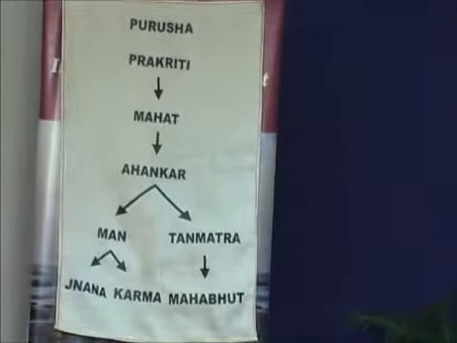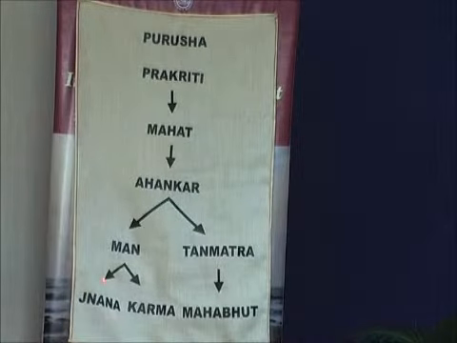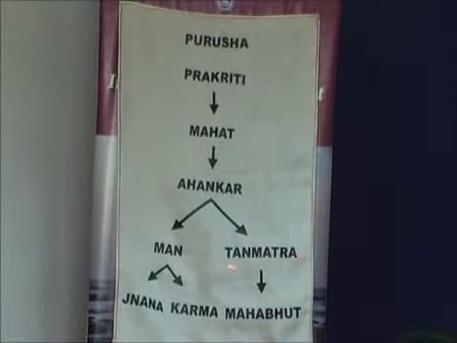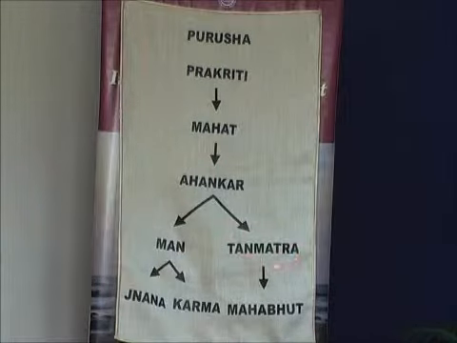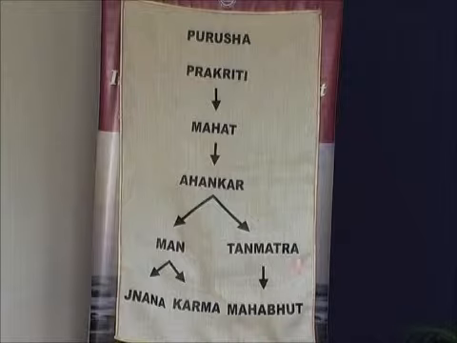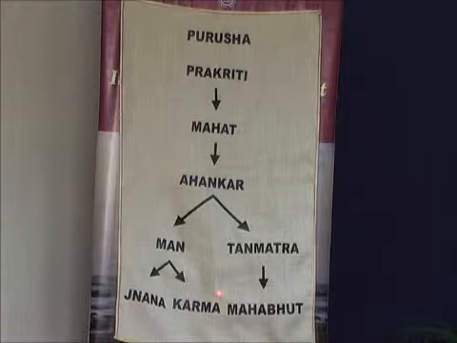Now you can pay attention to the chart. This Mahabhut is something which we can grasp through the senses. These tanmatras are also something which can be grasped. So they are like the grahya. And they are grasped by the jnanendriyas, karmendriyas and the mana.